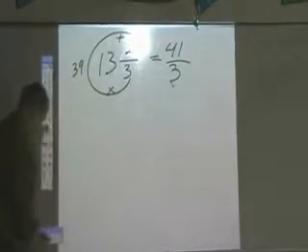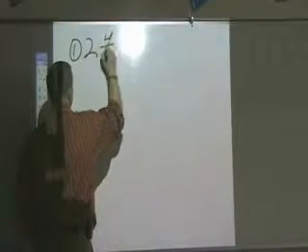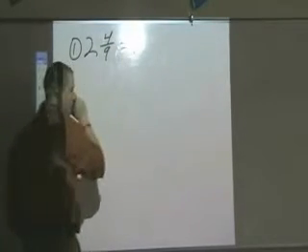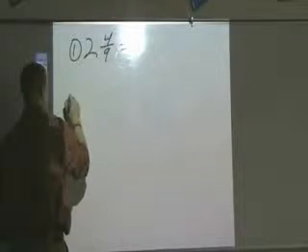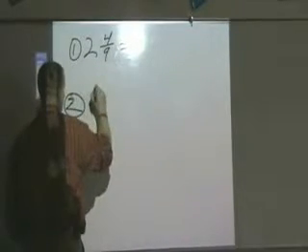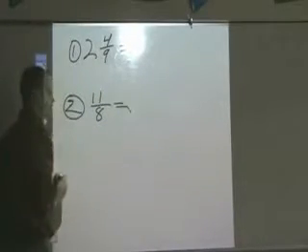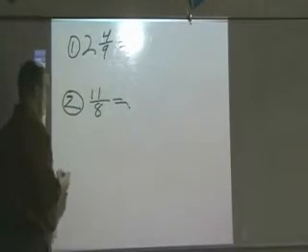So let's take this opportunity for you to work some problems out on your own. Let's take 2 and 4/9 and make it into an improper fraction. Then let's take 11/8 and make that into a mixed number.